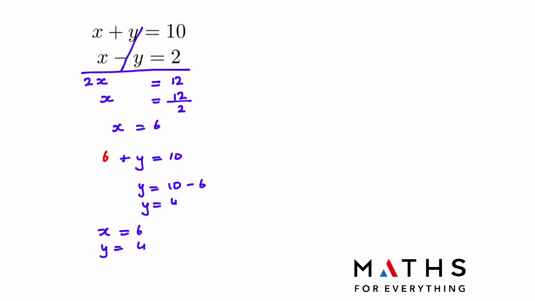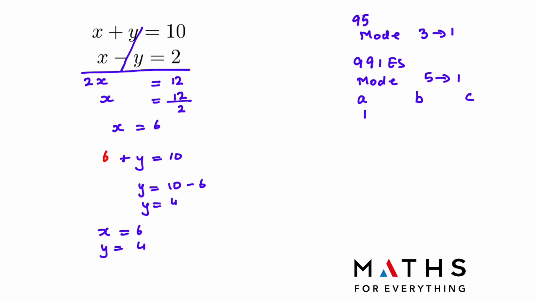You can check your answers in the calculator. If you have 95, go to mode 31. If you have 991 ES plus, you go to mode 51. You will see that you will have A, B and C there. We will write the coefficient of x in the first equation, which is 1. Press equal.